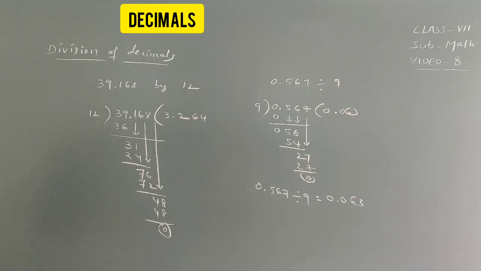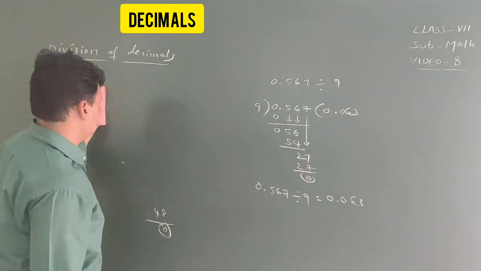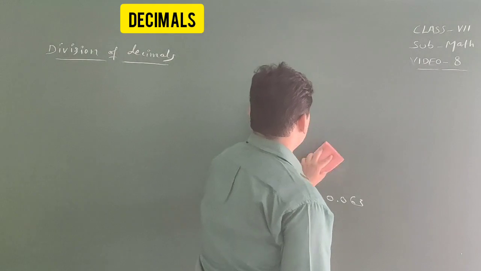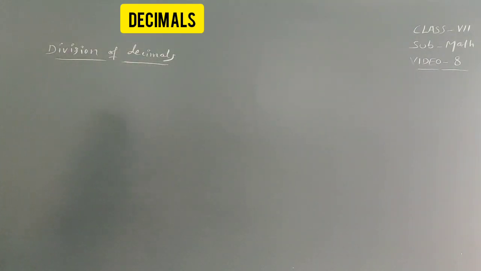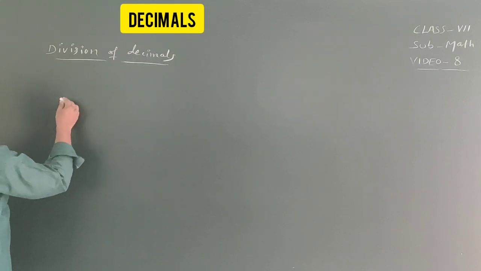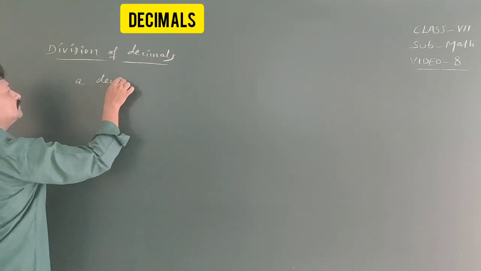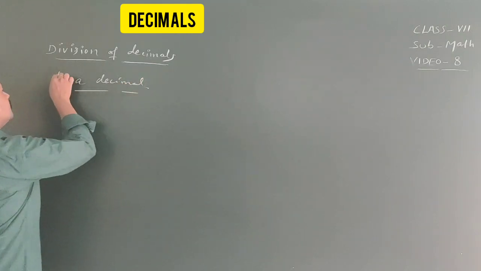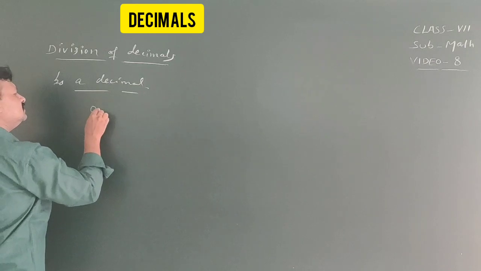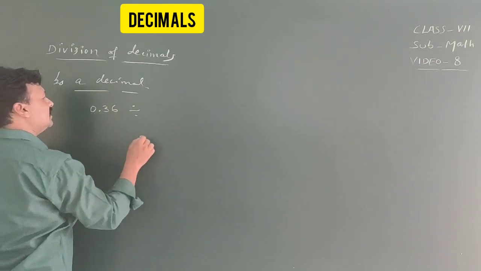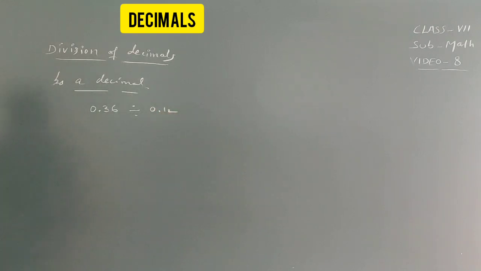Decimal by a decimal. For example, 0.36 divided by 0.12.